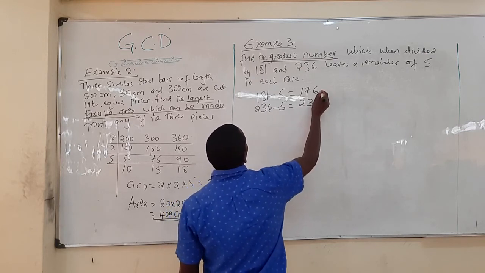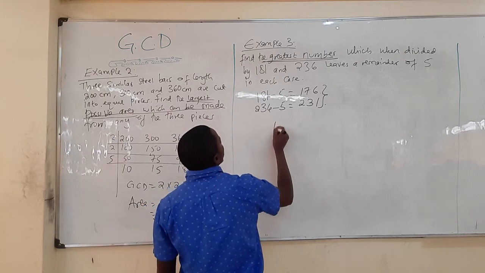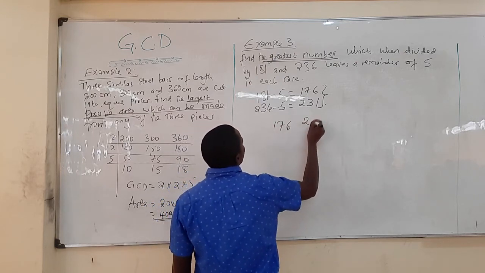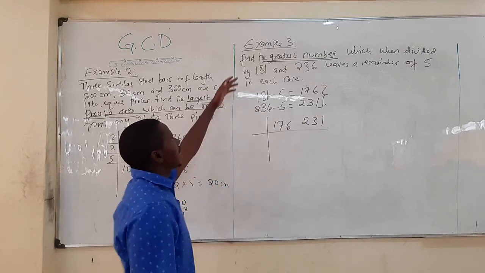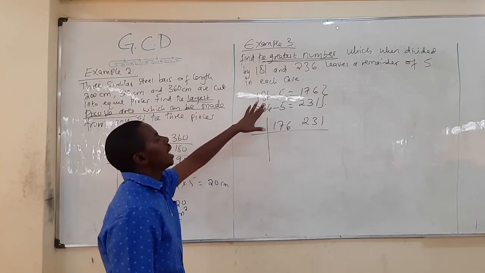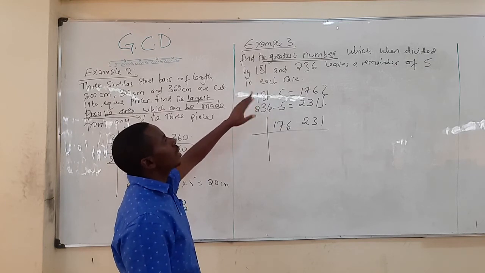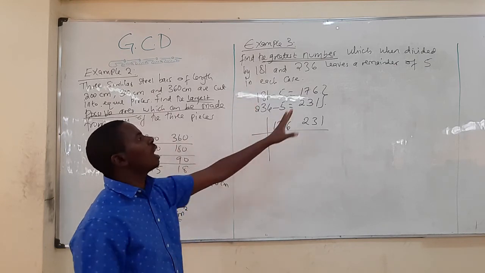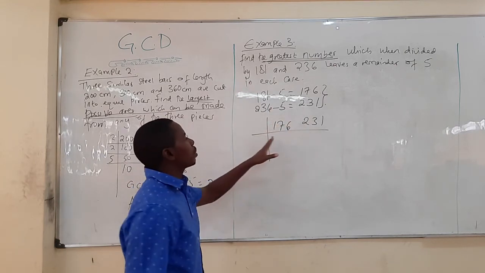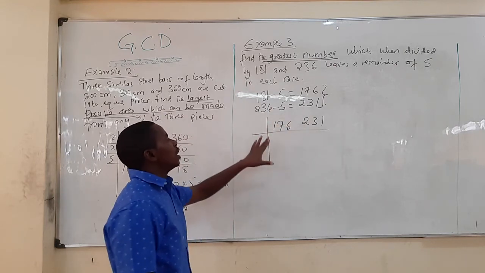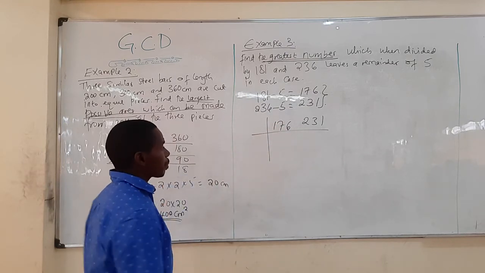So these are the two numbers for which you're going to get the GCD, so that you can get that greatest number that, when divided into 181 or 236, leaves a remainder of 5. We first remove that remainder so that we can find the GCD of those two numbers.